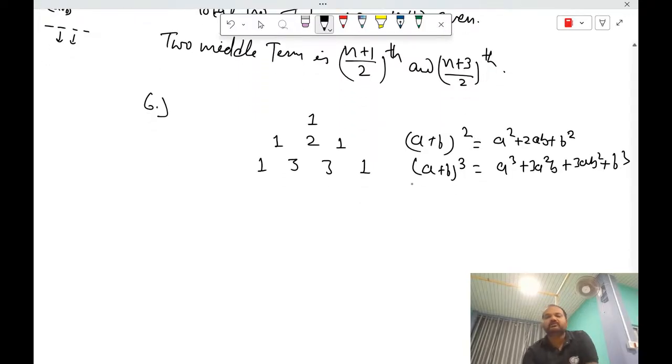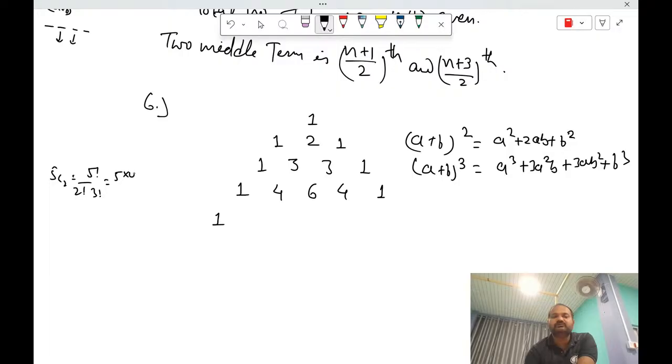Now in the fourth term, it will make 1, 4, 6, 4 and 1. Now in the fifth case, it will make the 1, then 5c2. It will make 5 factorial by 2 factorial and 3 factorial.